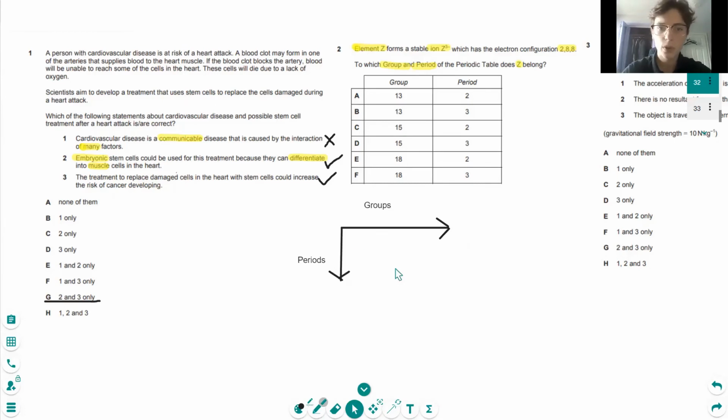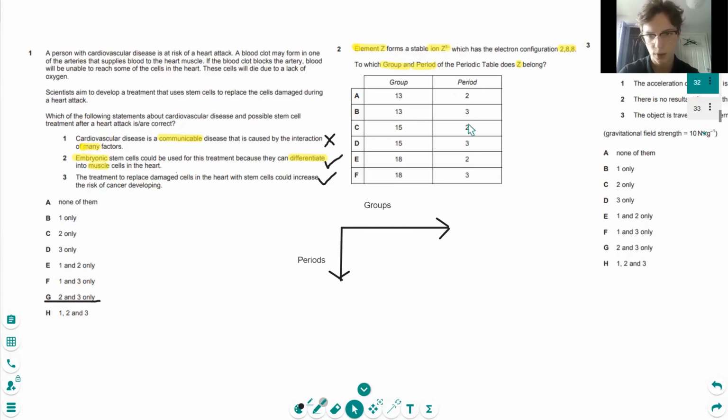So periods are defined by the number of electron shells that are occupied with electrons in an element or an ion or a molecule. So because Z's ion has a configuration of 288, 3 electron shells are filled with electrons, or at least partially filled. So it must be in period 3, because 3 electron shells, period 3.